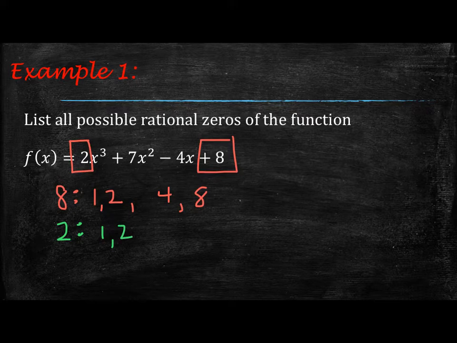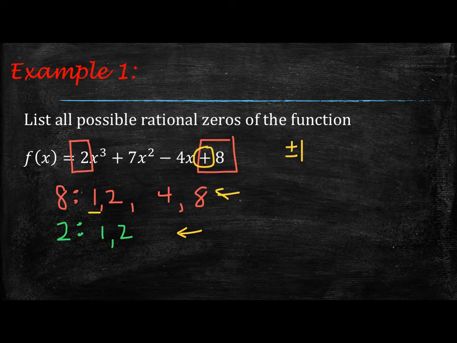And then to list all of the possible zeros, what you're going to do is take each of these and divide it by each of these. So you're going to have 1 divided by 1, which is just 1. And we're going to put plus or minus 1 because that could be negative 1 as well, because we didn't take the signs into consideration here.